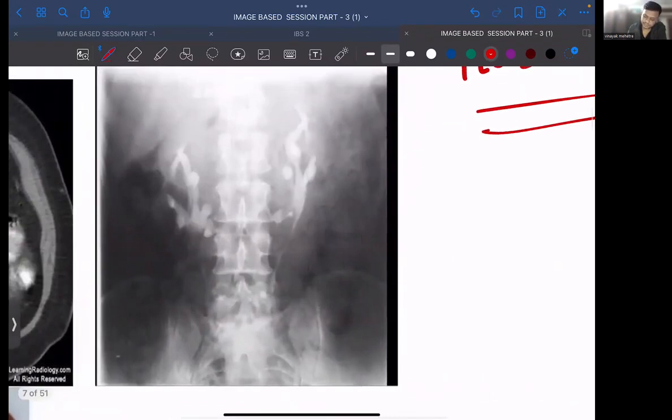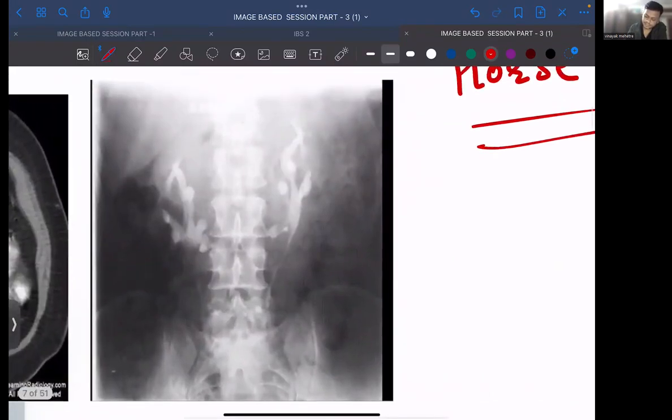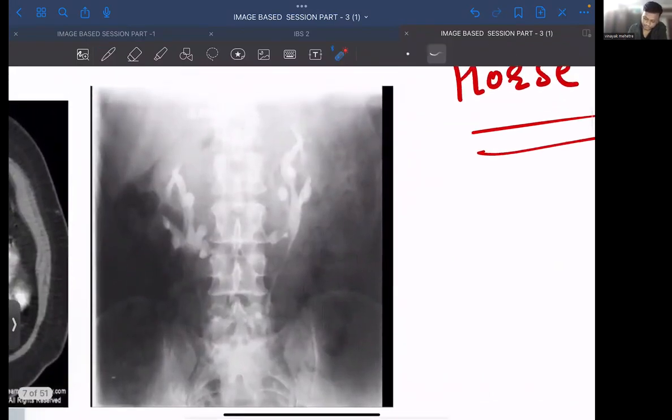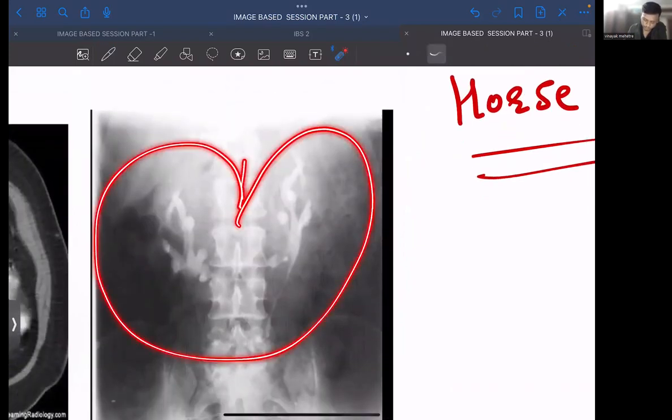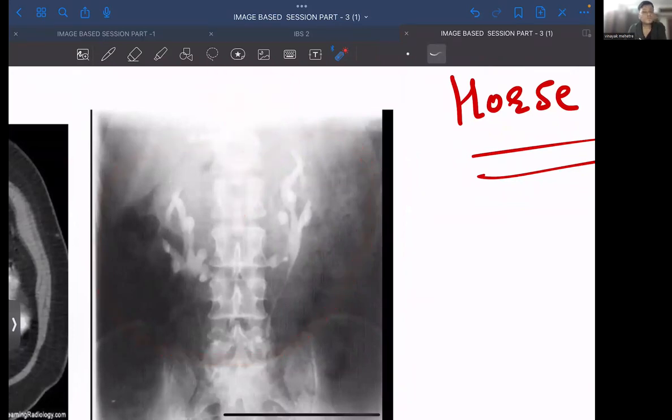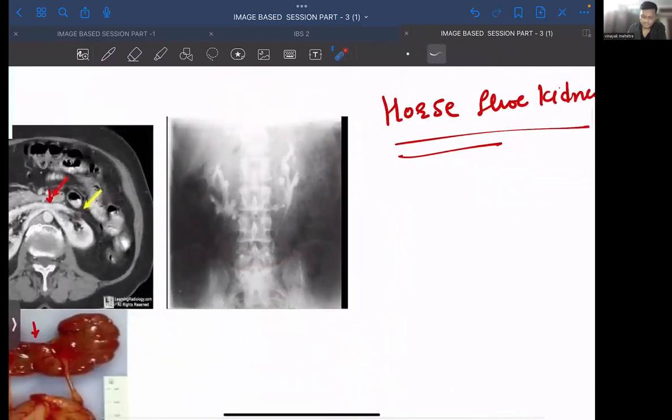What is the appearance which we see on the X-ray? We have discussed this. This is called flower vase appearance.